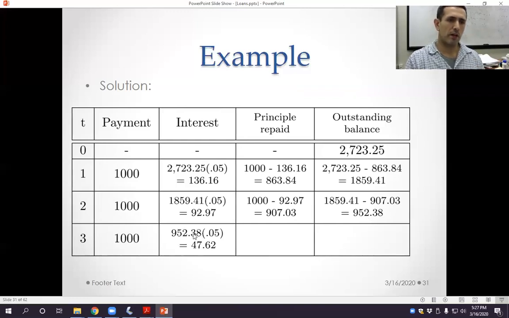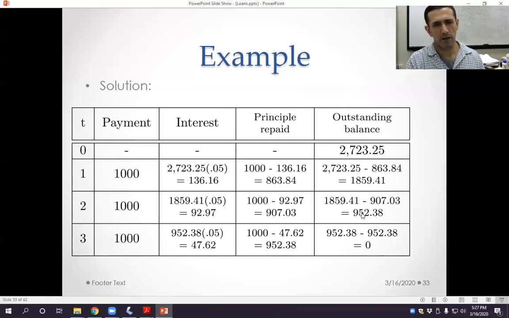All right, same thing. 952.38 times 0.05 is 47.62. That's how much interest accrues in the third year. Again, 952.38 accrues a year of interest. So first pay off the interest, and what you have left you can use towards the outstanding balance. You'll notice that after paying interest, you have 952.38 to put towards your outstanding balance, which is also 952.38.